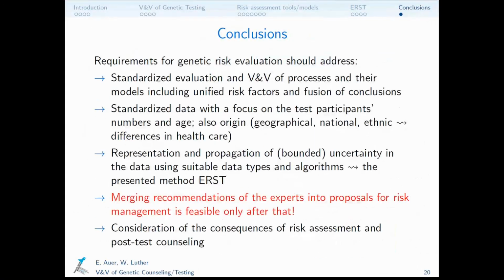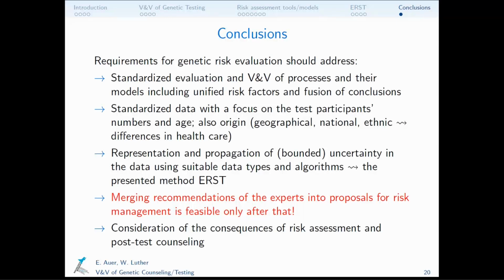Now let's turn to conclusions. After reviewing the available material, we can observe that requirements for genetic risk evaluation in the genetic counseling and testing process of individuals and families should address the following key points. First, evaluation, verification and validation of processes and their models should be standardized.